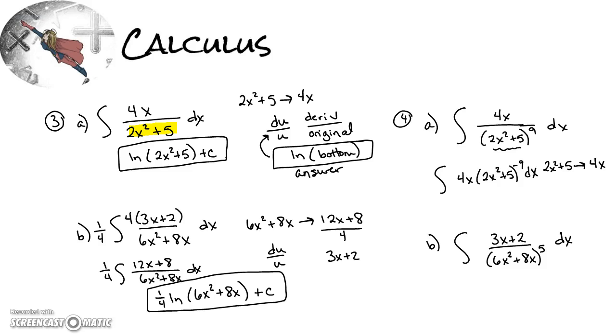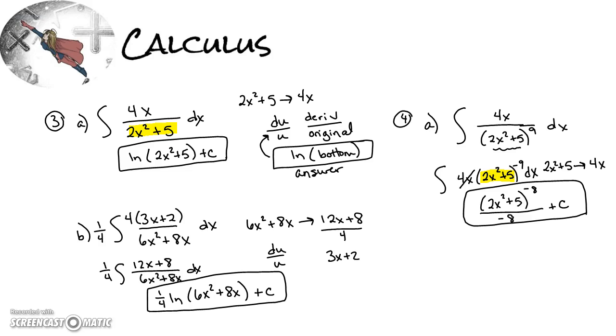And then we have the inside function right there. Its derivative we said was 4x, so like the front page, we get to ignore that. And then the answer will be the inside function 2x squared plus 5. We just add 1 to the power, so that makes it to the -8 over the new power plus c. And that's how you do that kind.